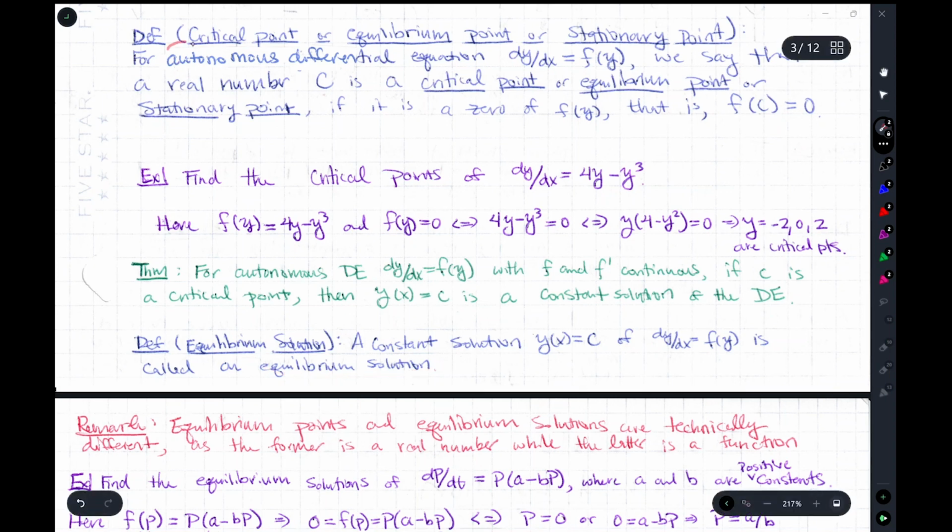And hopefully now you can understand why I emphasized all three terms for the same concept: the critical point, equilibrium point, stationary point. They're just used in different contexts. If you're just looking at the solutions, you might call it an equilibrium point or equilibrium solution. Critical point if you were thinking about it purely from the idea of the derivative being equal to 0.